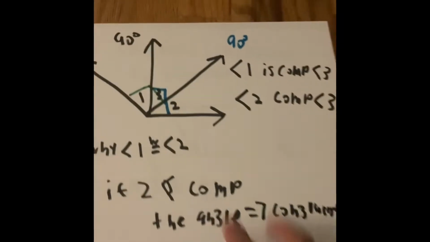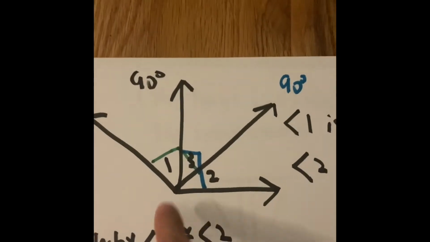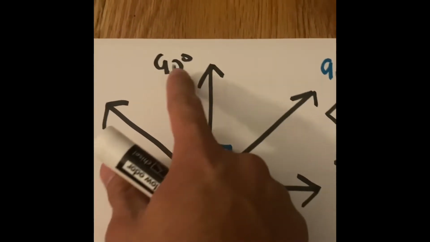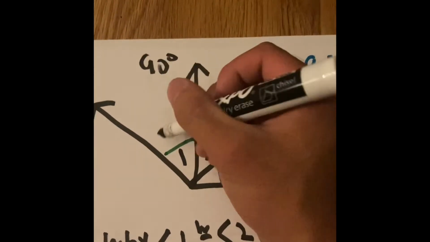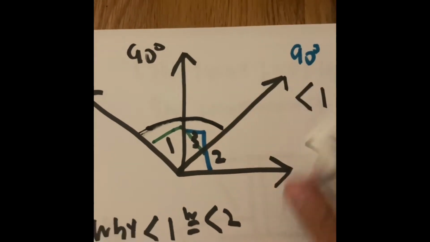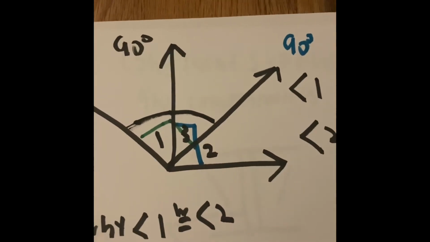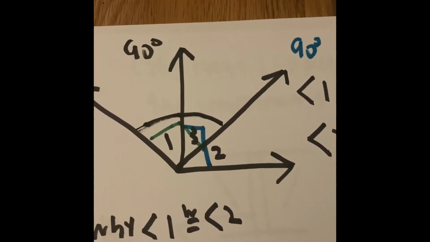The reason we can use this theorem is because angle 1 and angle 3 are involved in a 90-degree angle. However, angle 3 and angle 2 are also involved in a 90-degree angle.